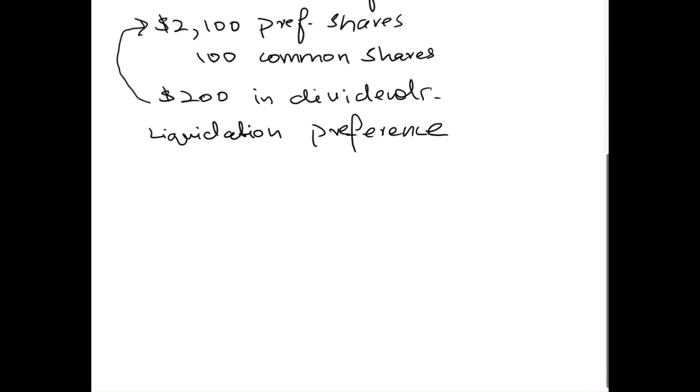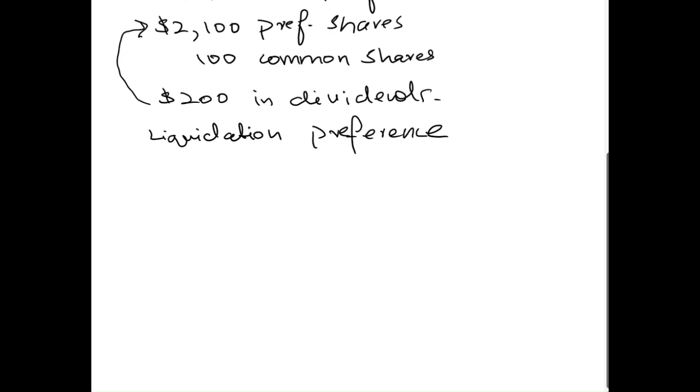What liquidation preference means is, let's say a company has assets worth $1,000, and then preferred shareholders invested $1,000 as well.